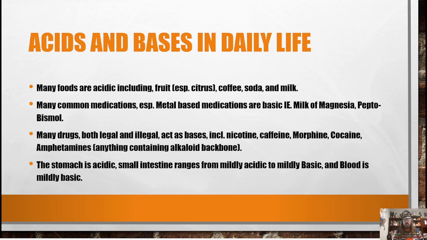Now, the stomach is a very acidic environment. The small intestine ranges from mildly acidic, where the acid first comes from the stomach, to mildly basic by the end. And our blood is mildly basic.